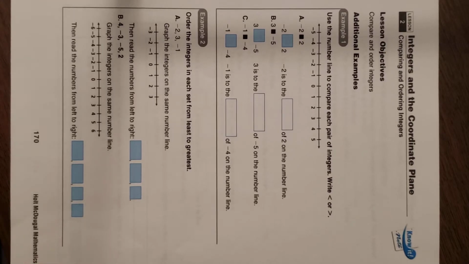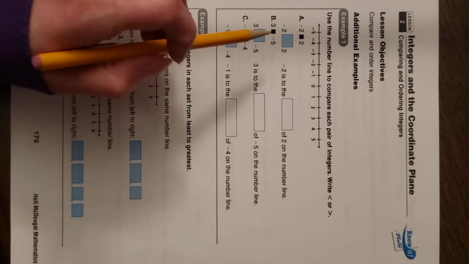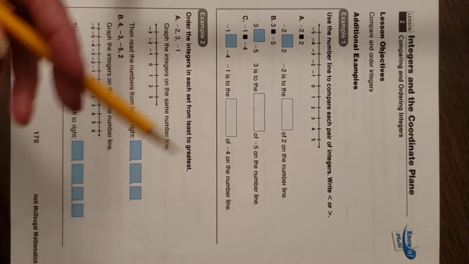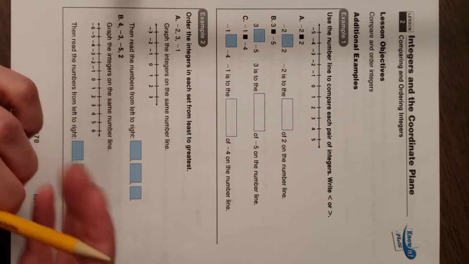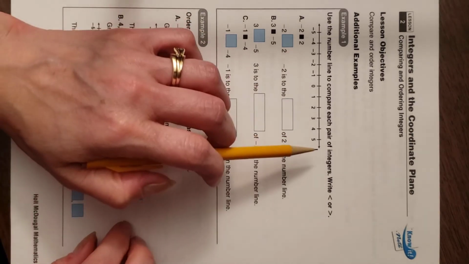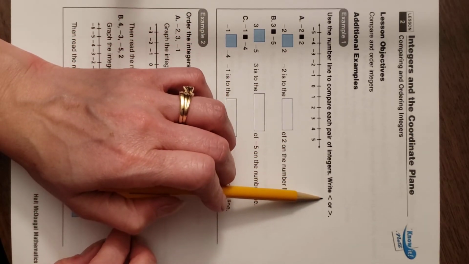Okay, so we have our note sheet here now, and as we work, like I said, we're going to use a number line to help us. Now as you get better and better at this, or if you're already a little familiar with this, you may not need a number line as often to help you. You're going to know which number is less than another number. But it's here right now to help you. So we're going to use the number line to compare each pair of integers, and we're going to write less than or greater than.